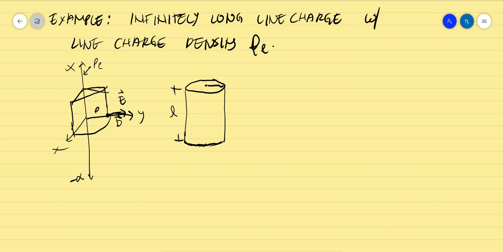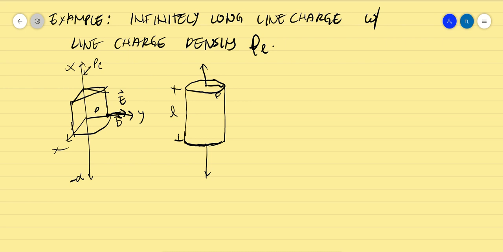So this one from here to here is rho, and this is our infinitely long line charge outward. Now we want to determine the flux density at the surface here. So to do that, we need first to determine the direction of our field and the direction of the surfaces. Is it constant?